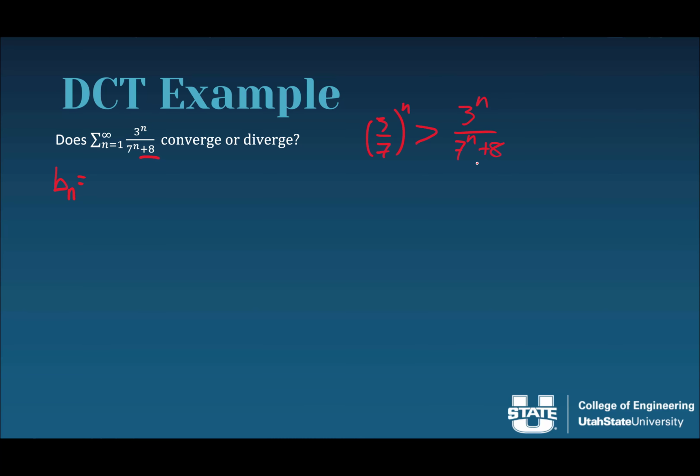Because my denominator in this case is bigger, which means that my overall fraction is going to be smaller, right? That's a tricky one, but a tricky way to think about it.